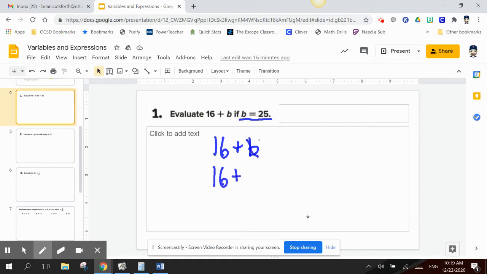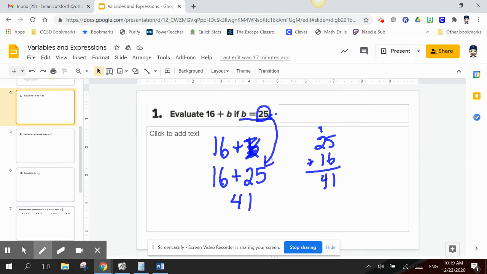I'm going to take out my variable and put in the value for it, which is 25. So then I add 25 plus 16: 5 plus 6 is 11, carry my 1, which is 41. The big thing here is taking out the variable and putting in the value. Then you can solve the expression.